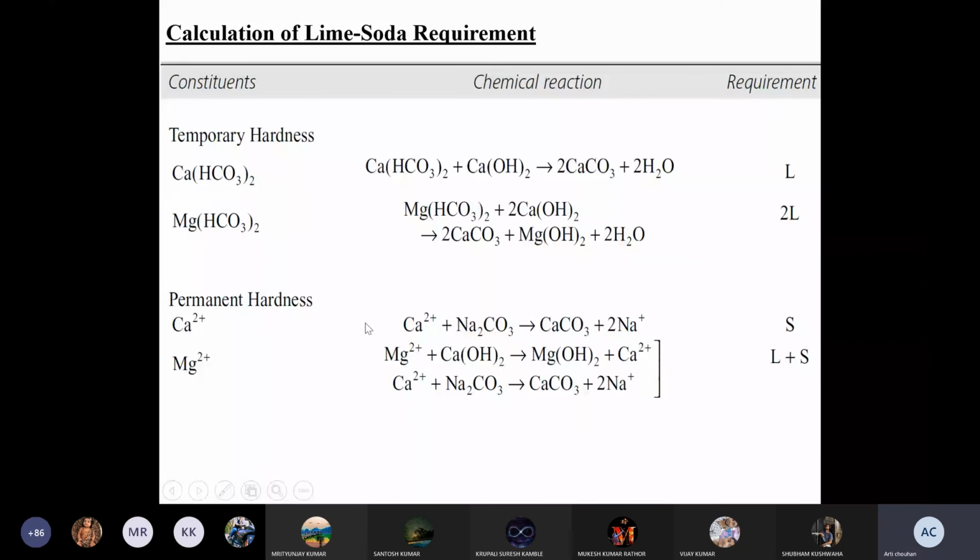So you will get the corresponding anion. Magnesium hydroxide will form a precipitate that settles as sludge, and you can blow it out of your process, so your water is free from that magnesium permanent hardness.